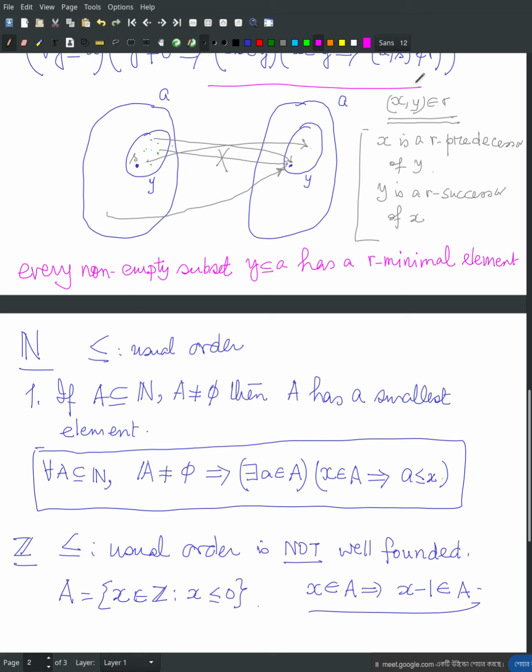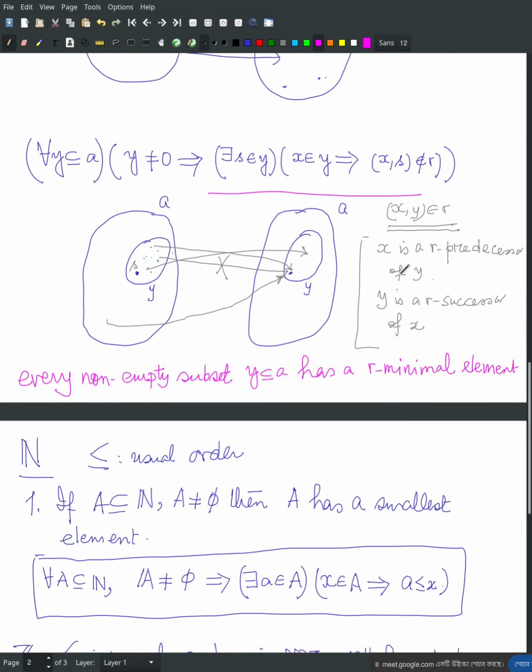But then, Doctor, in some textbooks, minimal and minimum are easily confused. Shouldn't we write R-minimum element instead? That's why I said minimal, because minimum is usually written when the minimal becomes unique.